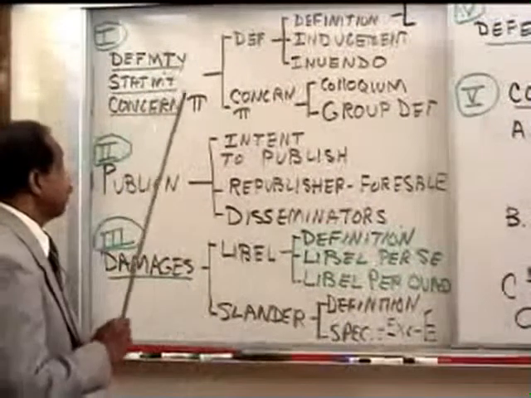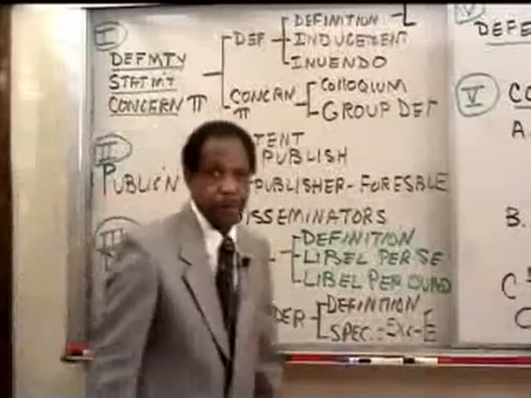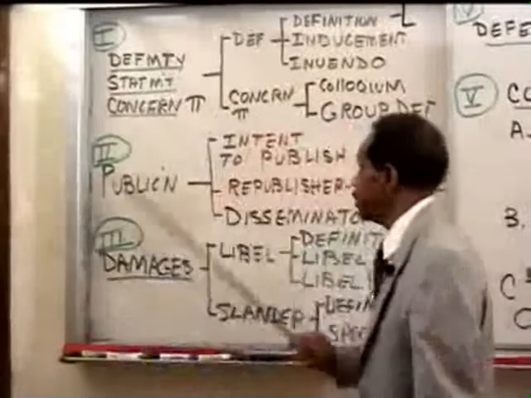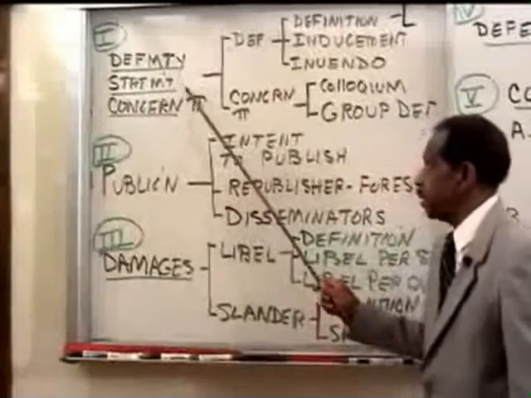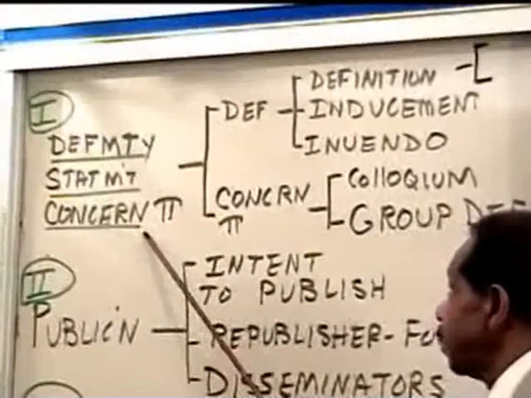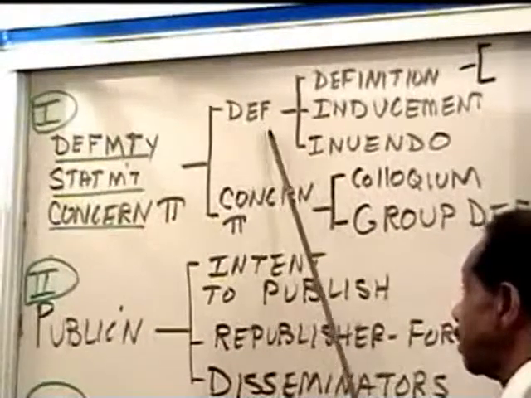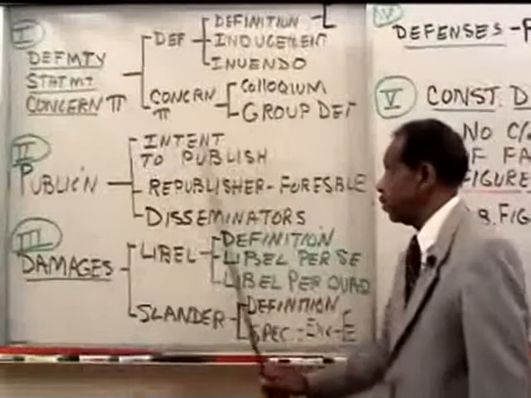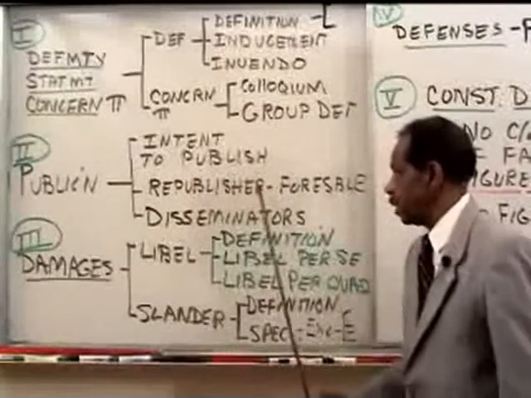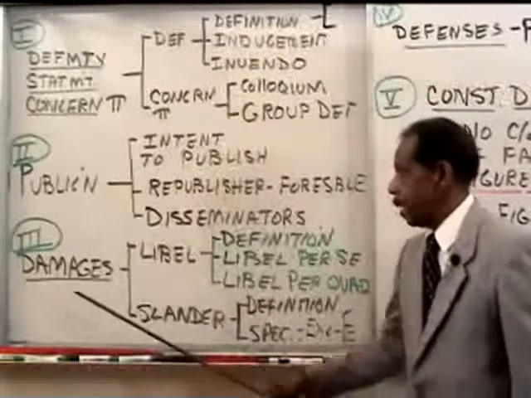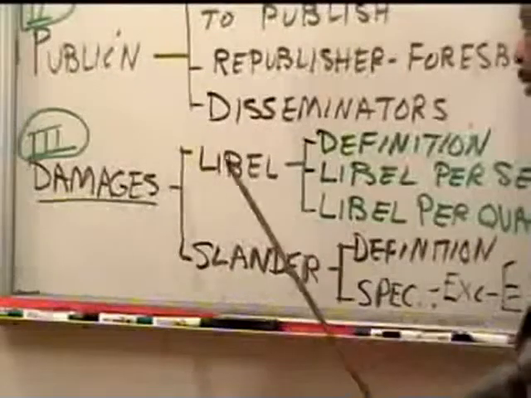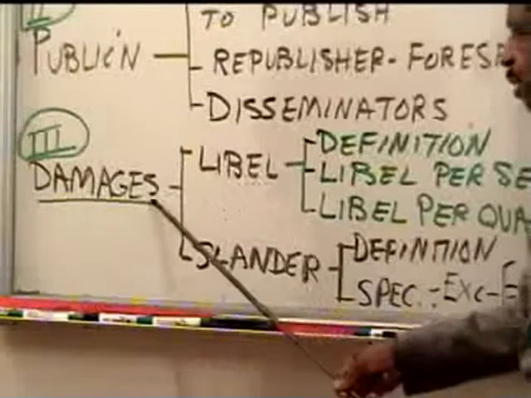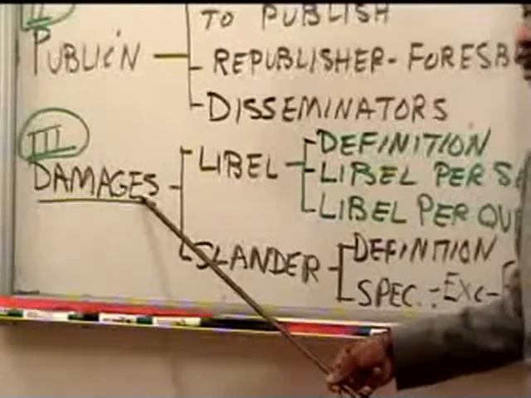So that takes care of the elements so far, the first three elements. These are defamatory statement concerning the plaintiff. It has two parts. Was it defamatory? Was it concerning the plaintiff? The publication of that statement. You need intent to publish. Don't forget about republishers. And damages. If it's libel, there's a presumption of the existence of loss of reputation.